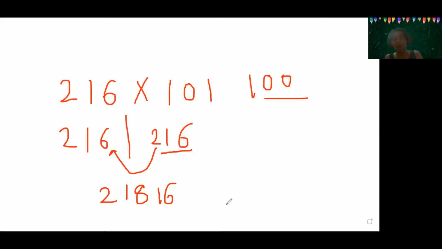Okay. Now we will do row wise addition. Today the next topic is row wise addition. Or you can write the other method, long addition.